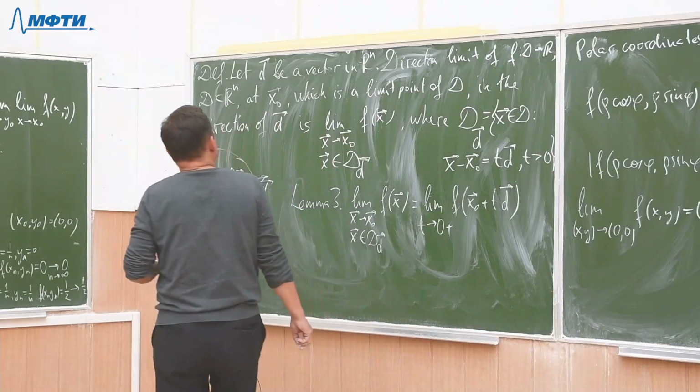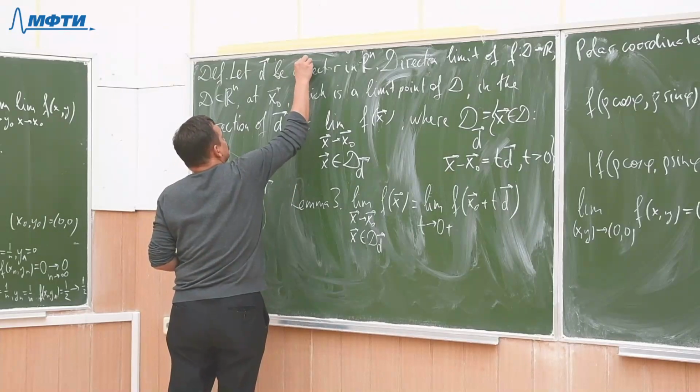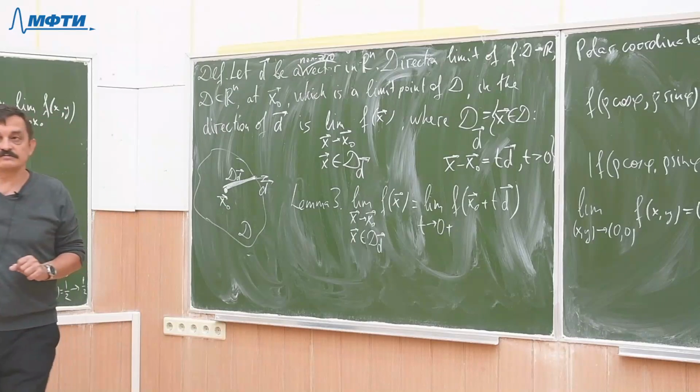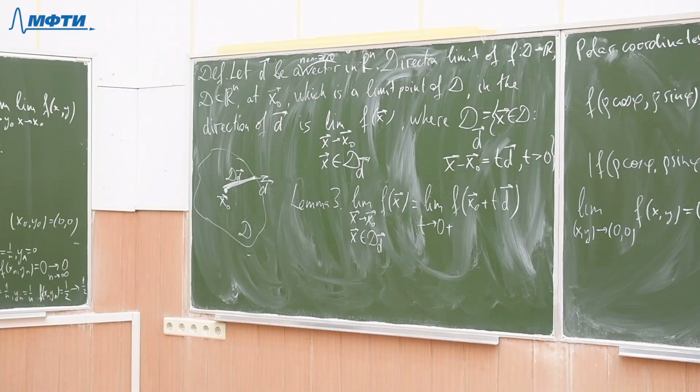I forgot also for d to be a non-zero vector. Otherwise it makes no sense. Non-zero vector, of course.